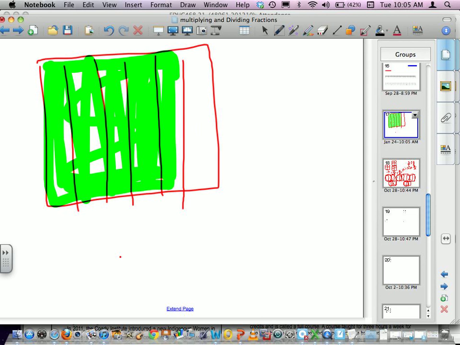Okay, here's 5/6. You good with that? What would a half look like? How could I make a set of a half? 3/6 makes a half, right?